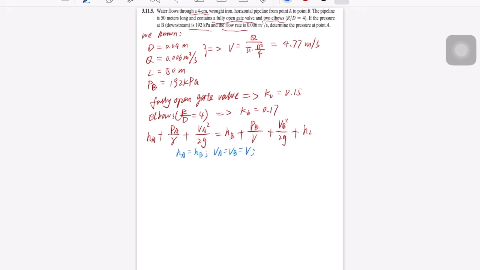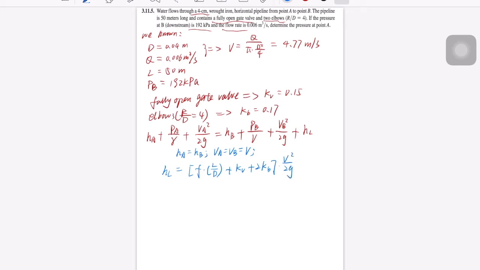So we can write the total loss of head equals F times L divided by D plus KV plus 2KB times V squared divided by 2G.